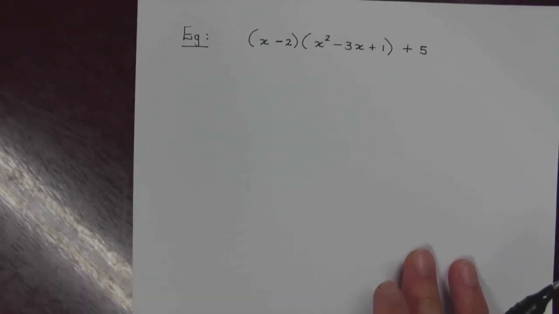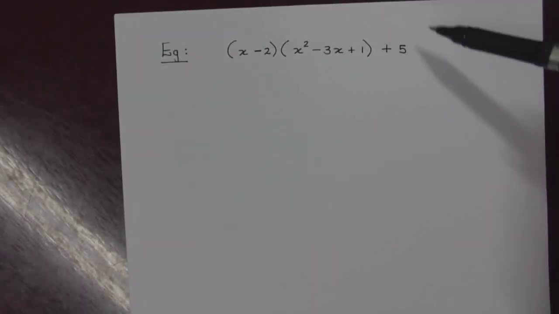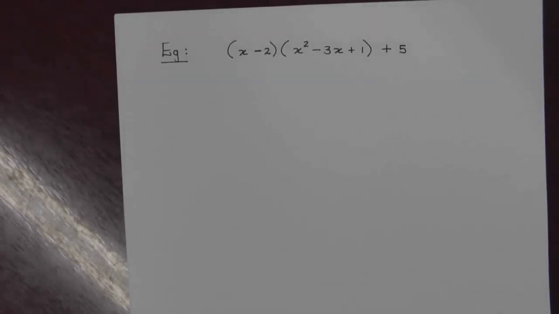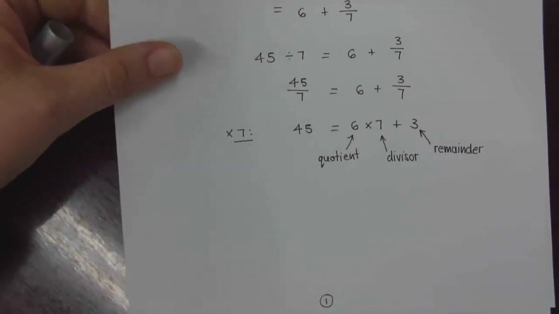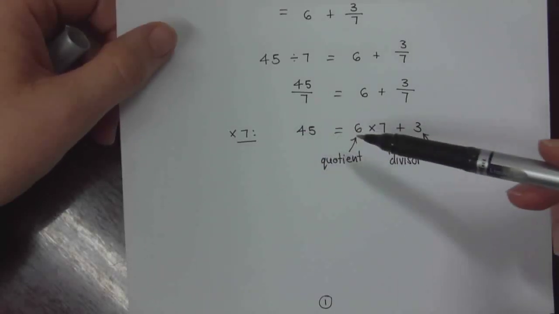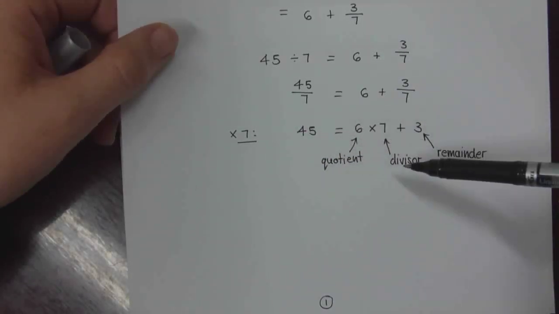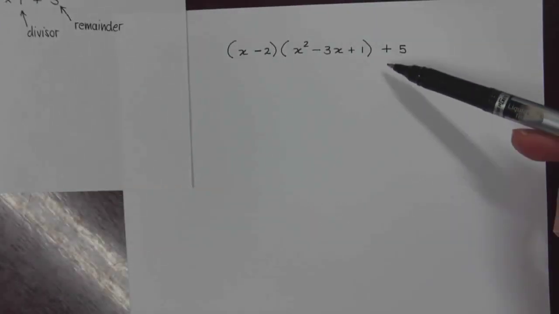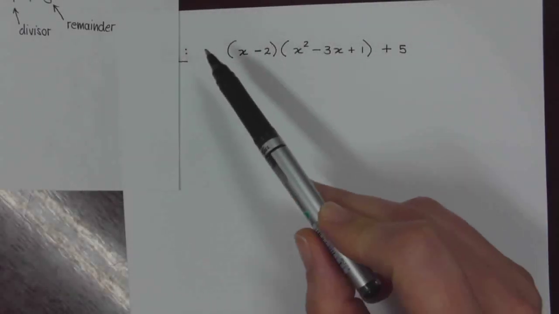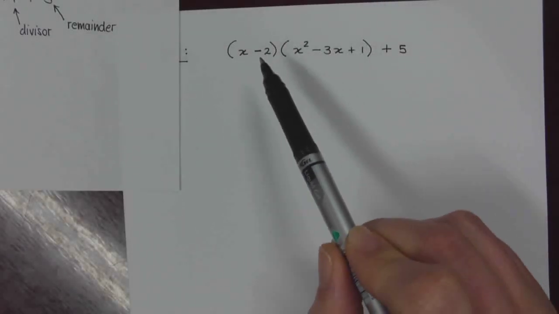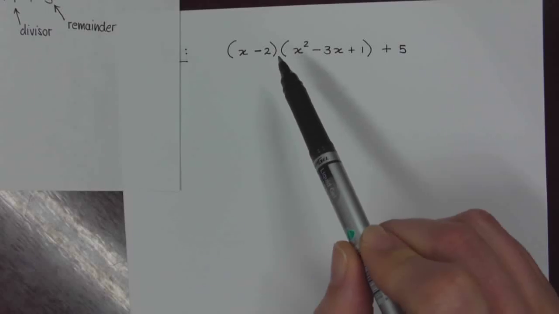So in the next example, suddenly we have something like this. And if you think about this, this looks a lot like the end result we had over here, which states that a number is equal to a quotient times the divisor plus the remainder. So if I compare that to this one, I'm saying a certain polynomial will be equal to a quotient times a divisor plus a remainder.